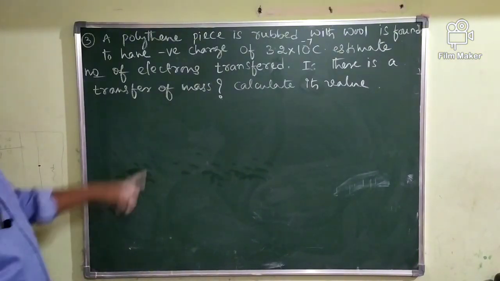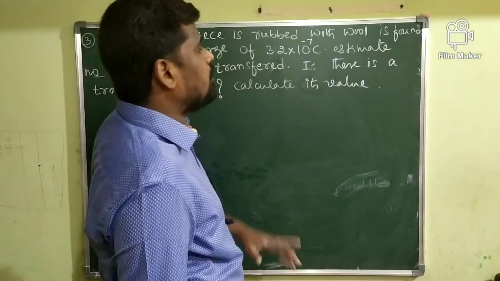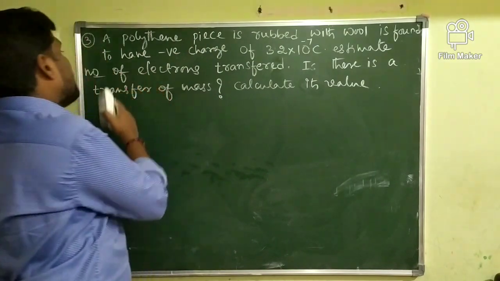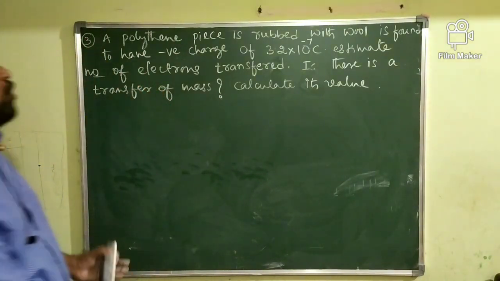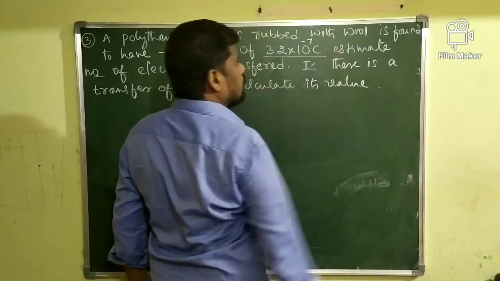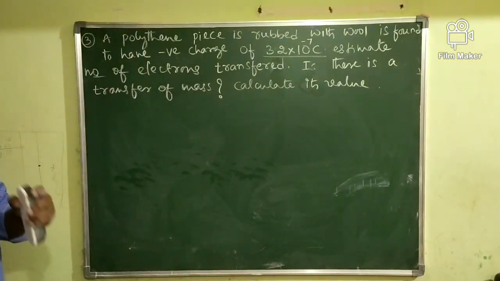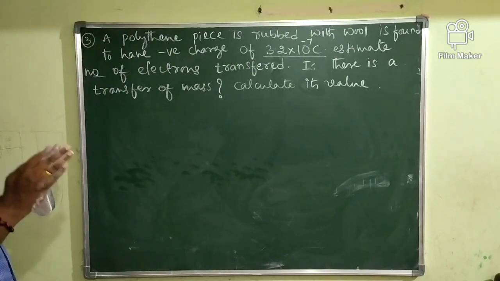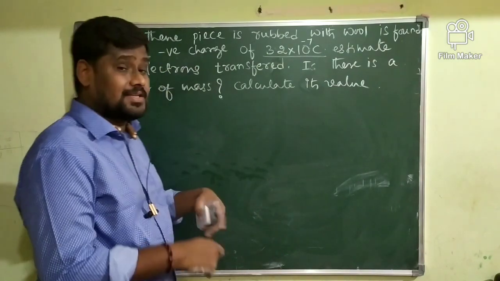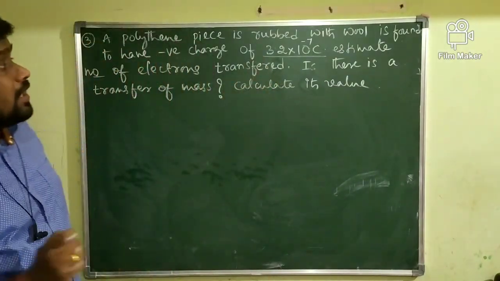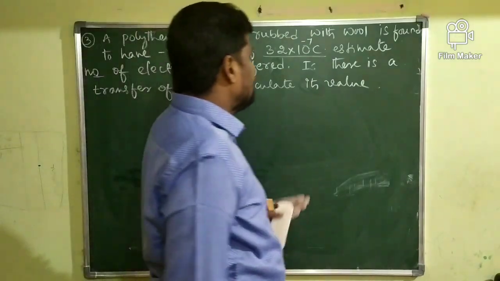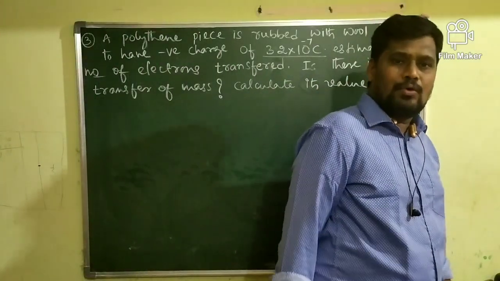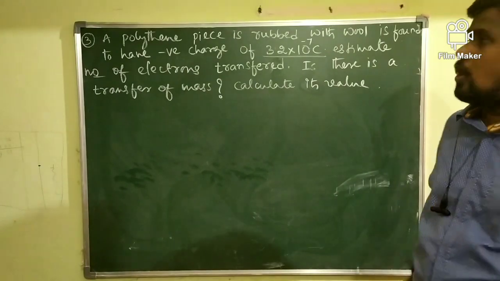In this case, a polythene piece rubbed with wool is found to have a negative charge of how much? 3.2 into 10 to the power minus 7 coulomb. Polythene piece is gaining a negative charge of 3.2 into 10 power minus 7 coulomb when it is rubbed with what?